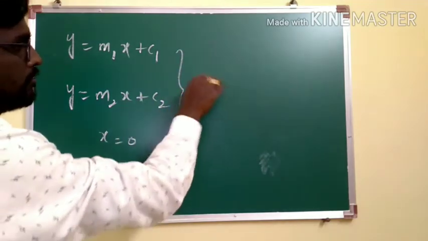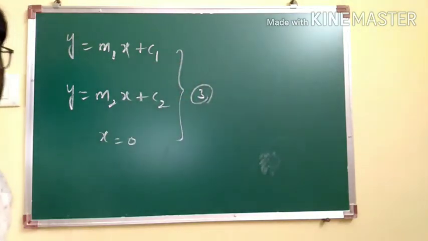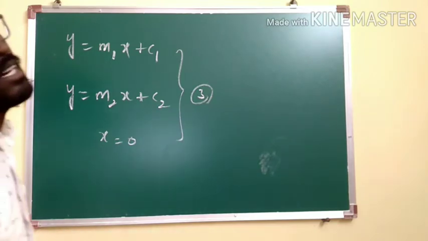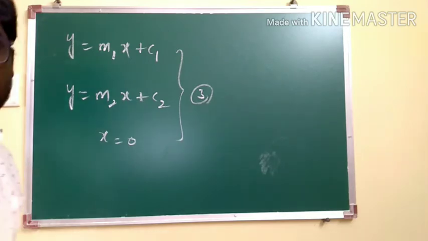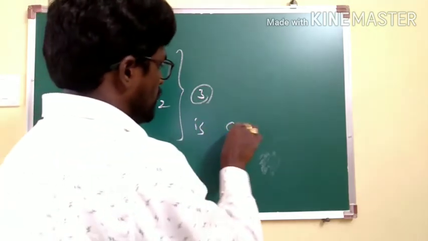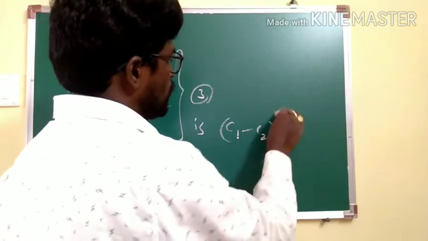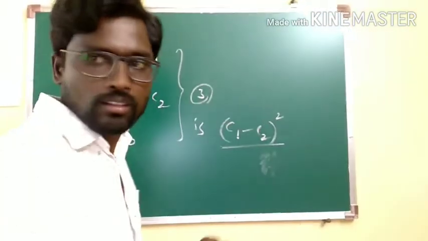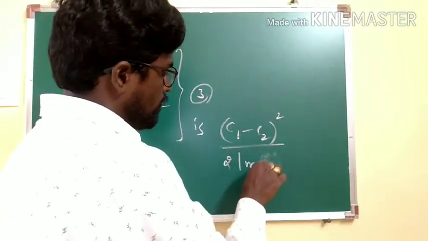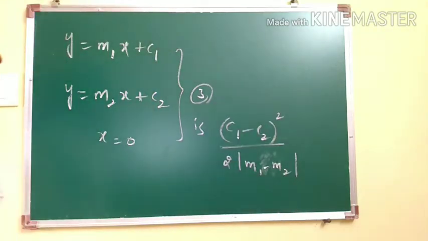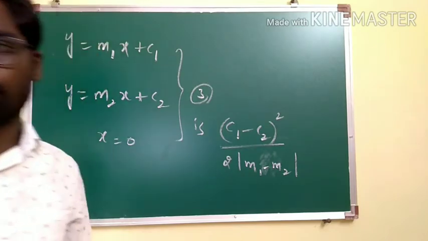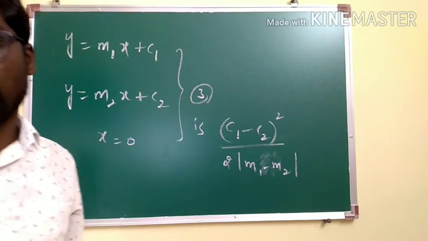Three lines are given for the three different sides, such as y equal to m1x plus c1, y equal to m2x plus c2, and x equal to 0, is c1 minus c2 whole square by 2 mod m1 minus m2.